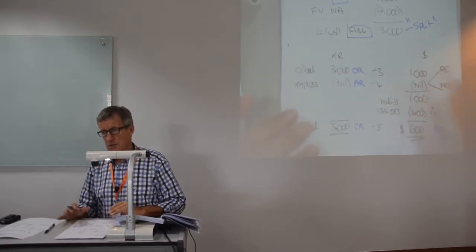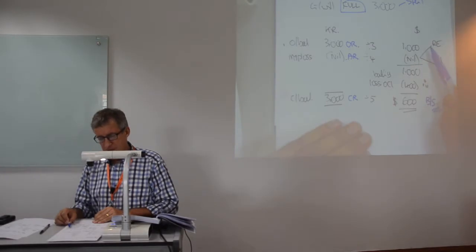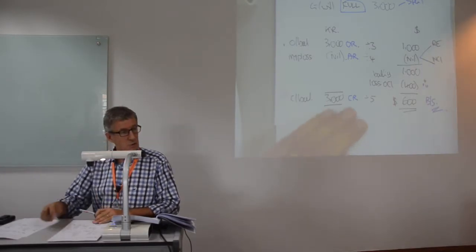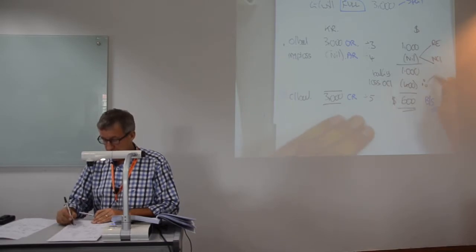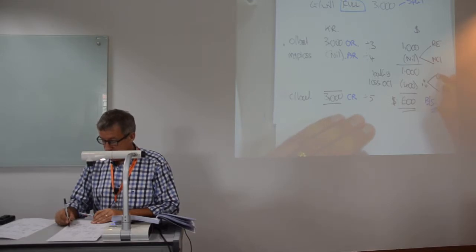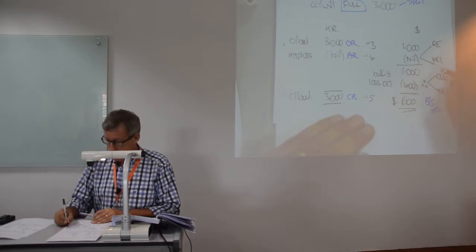Be logical, be consistent. If you are prepared to split the impairment loss, then I think you should also be prepared to split the exchange loss, and that exchange loss will be split between the OCI, other components of equity, on a 60-40 basis.